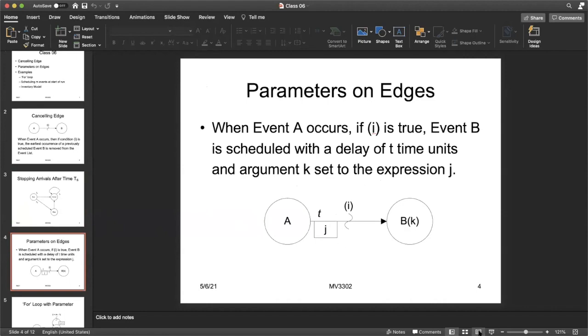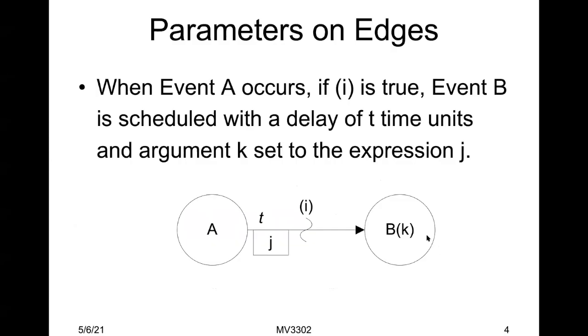All right, the next feature is parameters on the edges. The idea here is that you notice there's a one-to-one correspondence between events and methods. And since methods can have arguments, it makes sense that an event can have arguments.